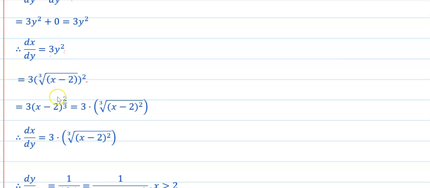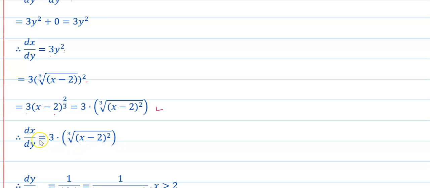Now next simplification. 3 is as it is. Cubic root of x minus 2 bracket square means what? x minus 2 bracket to the power 2 by 3. Therefore, dx upon dy is equal to 3 into in bracket cubic root of x minus 2 bracket square.